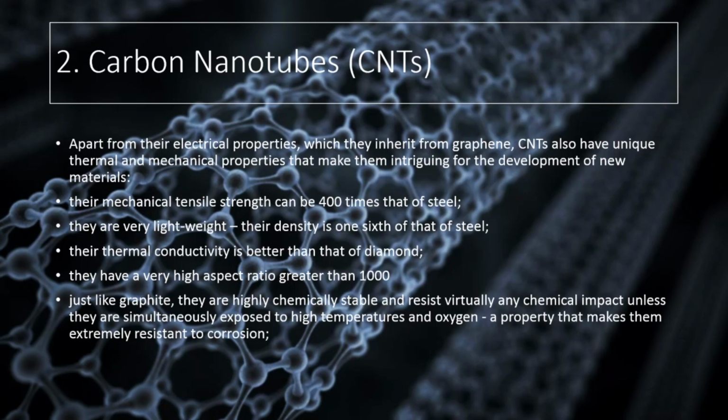Just like graphite, they are highly chemically stable and resist virtually any chemical impact unless they are simultaneously exposed to high temperature and oxygen, a property that makes them extremely resistant to corrosion.